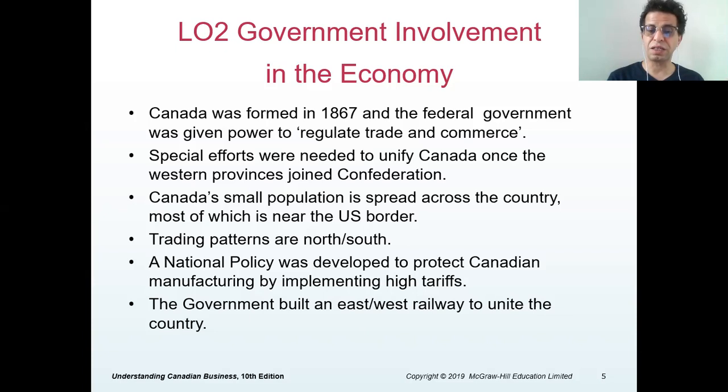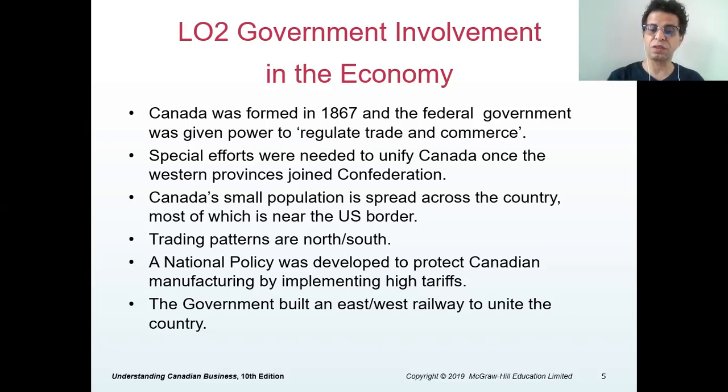Canada has a small population spread across the country, most of which is near the border, from east to west. So the trading patterns are usually north-south between Canada and the States.